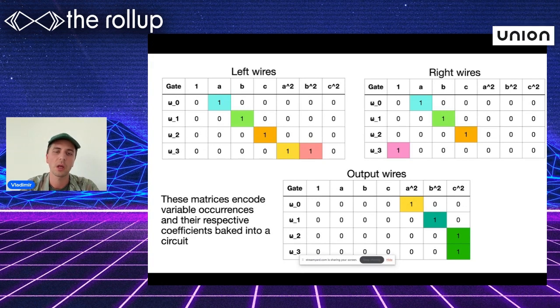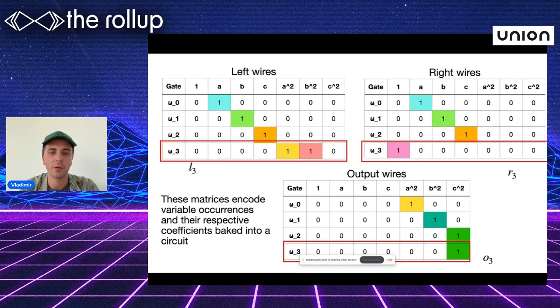For example, for the fourth gate, with index 3, the variables a squared, b squared, the variable 1, which is the default input, and c squared are involved, whereas a squared and b squared are the left input summed, and c squared is the output.